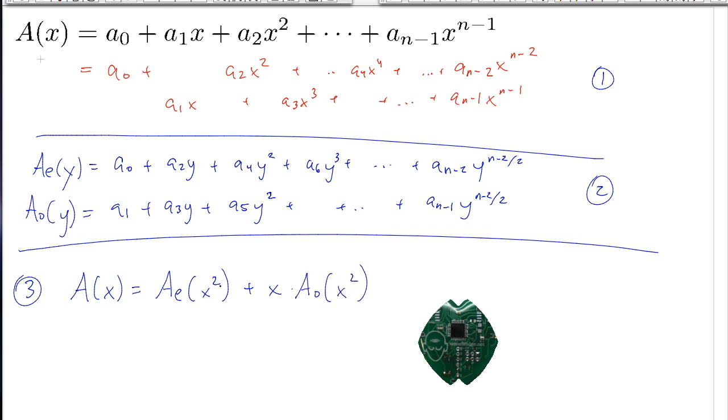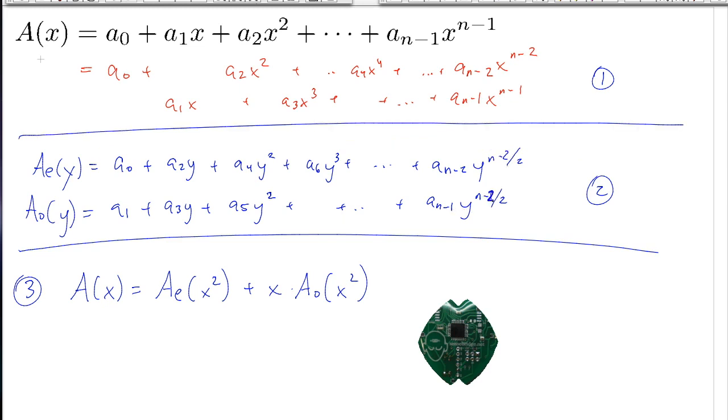So if we put in x squared into A even, we get a0, which is the same here, a2 times x squared, the same term right there, a4 times x to the fourth, dot dot dot, a n minus 2 times x to the n minus 2. Similarly, if we plug in x squared to the odd powers, we'll get all of these, and then we add another x to get it right. So we get a1 plus a3 times x squared times x, so it's x cubed here. This will be x to the fifth, dot dot dot. This will be x to the n minus 1.